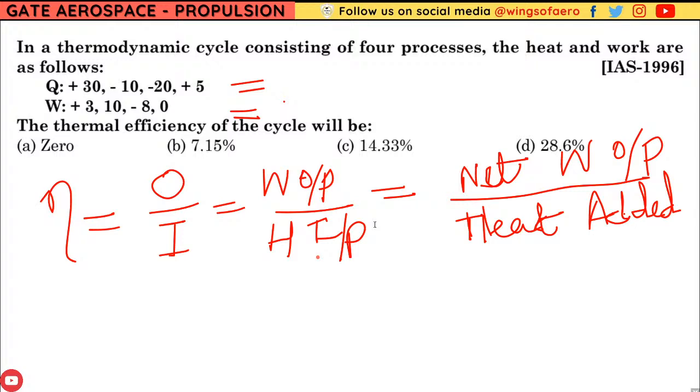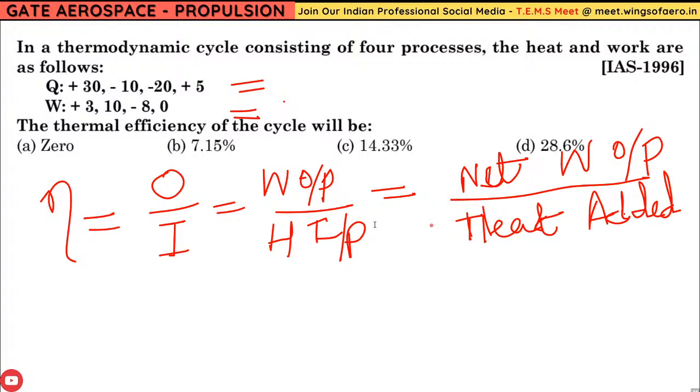Answer is 0, ma'am. 0, how? It's according to the formula, ma'am. Eta is equal to 1 minus Q2 by Q1. That formula I have used. Look into the formula very carefully.